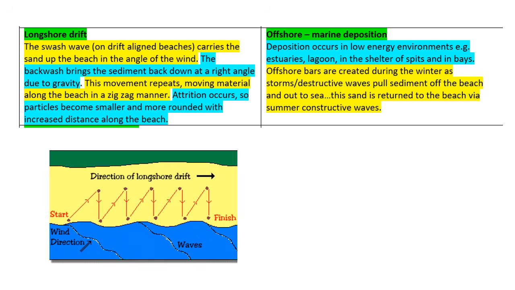And this is where I was saying to you that sometimes in the late summer, people can sort of wade out a little distance and then they can stand on what looks like land again because it's a sandbar that's been created. And then during the summer, that sand will come back onto the beach with the constructive waves.